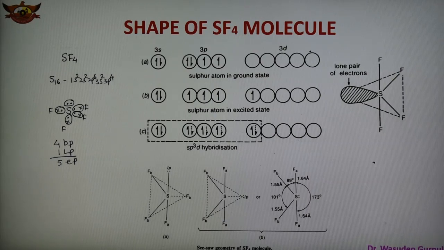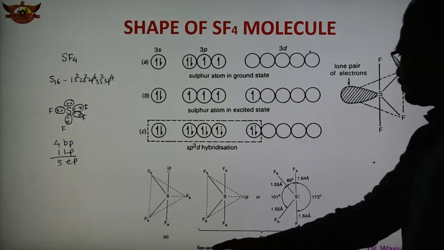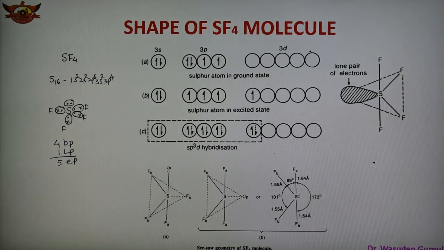As shown in figures A and B, it has been observed that when the lone pair of electrons is present at the equatorial position, the repulsions are far less as compared to the lone pair at the axial position, and therefore the SF4 molecule acquires the structure shown in figure B, with the lone pair at the equatorial position. So the resulting geometry is seesaw in shape. This is the seesaw geometry of the SF4 molecule, which is shown in figure B.